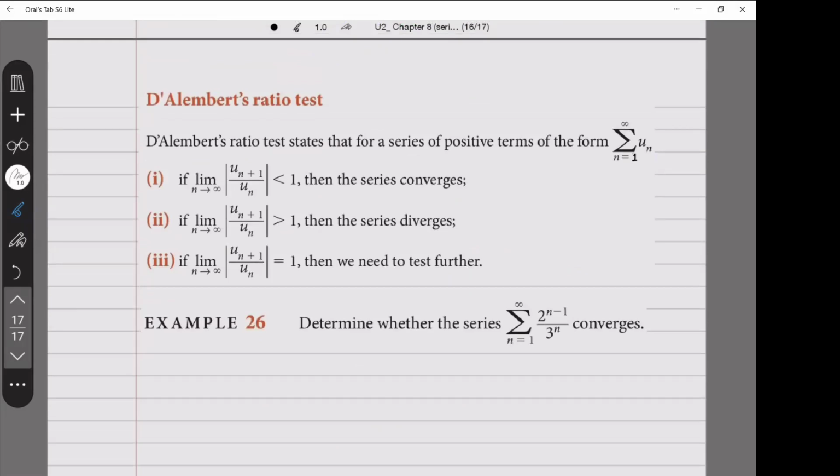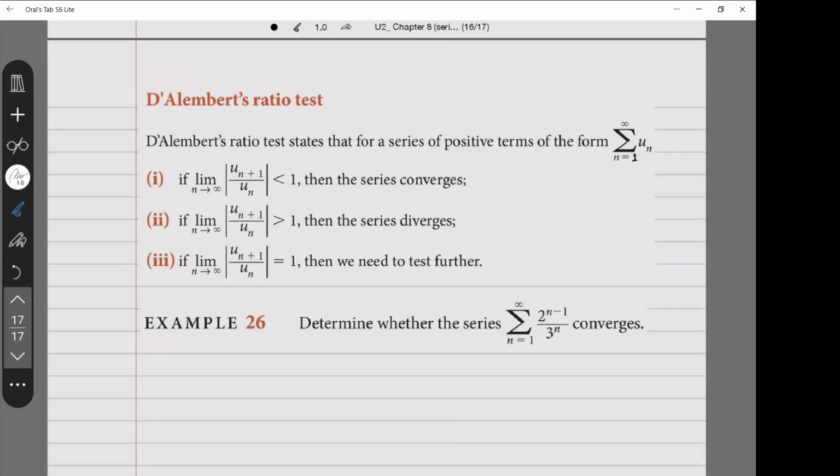Now, D'Alembert's ratio test states that for a series of positive terms of the form the sum from n equals 1 to infinity of un, if the limit as n approaches infinity of the modulus of un plus 1 divided by un is less than 1, then the series converges.